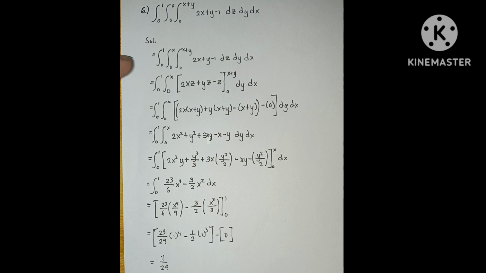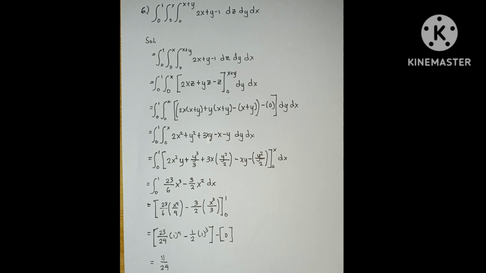For the first step, we're just copying the problem. Next, we get the center of this problem. So we have the integral from 0 to x plus y of x plus y minus 1, with respect to z.